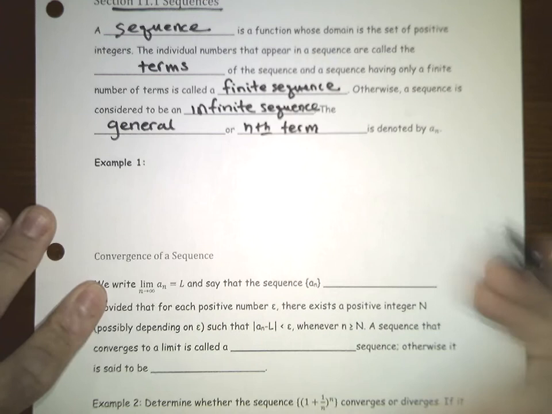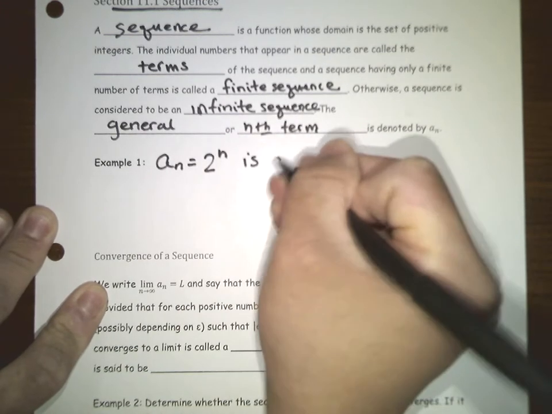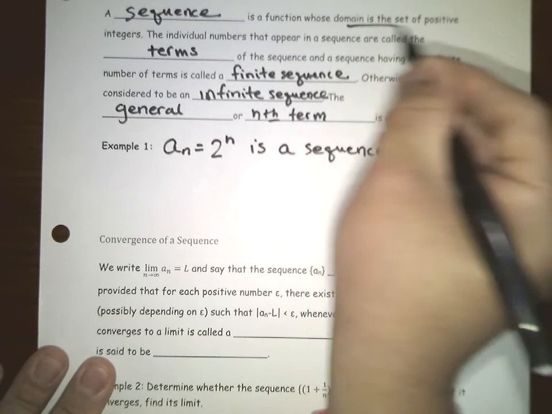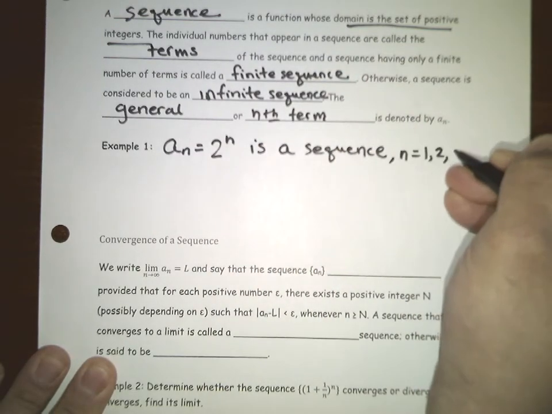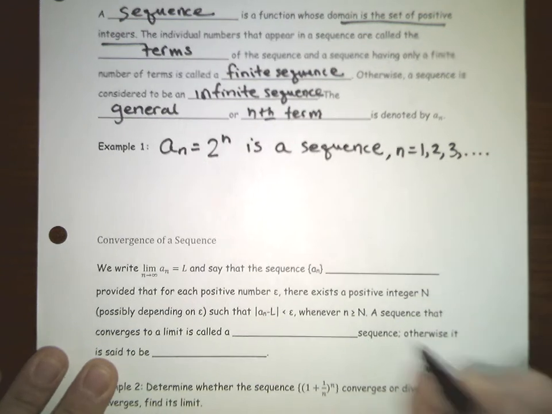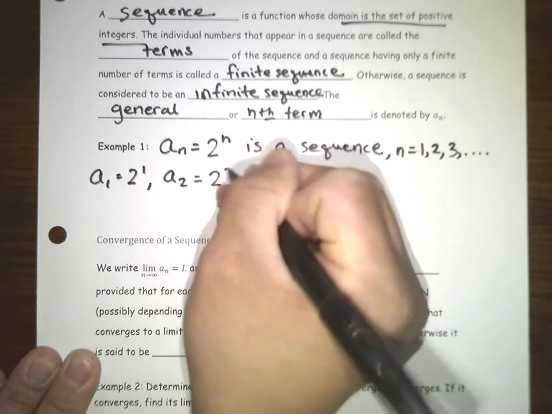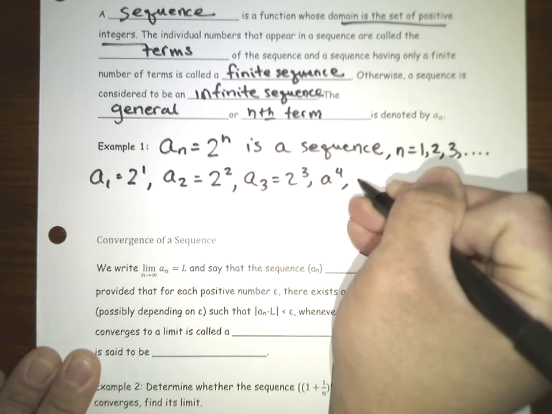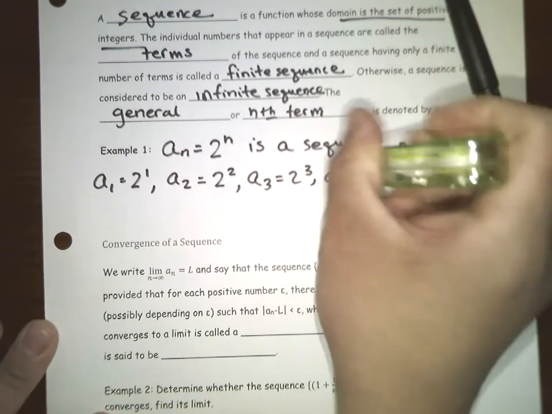So here's an example. a sub n equals 2 to the n is a sequence. So then if I substitute the domain, which is the set of positive integers, so n is equal to 1, 2, 3, and so on, then a1 would be 2 to the 1, a2 is 2 to the 2, a3 is 2 to the 3, a4 is 2 to the 4, and I wrote the 4 in the wrong spot here.